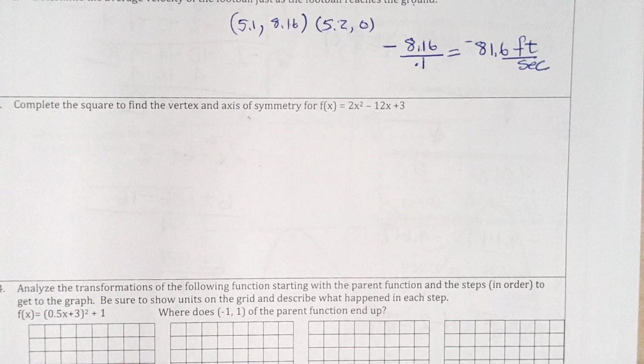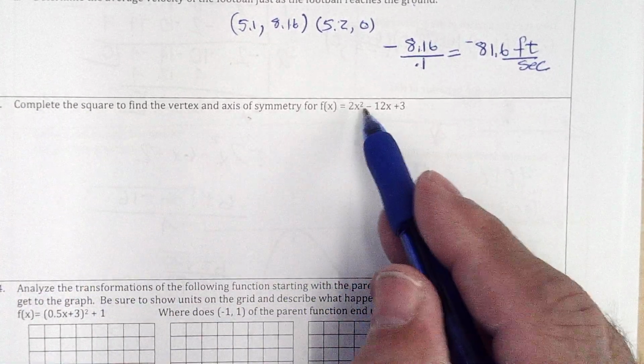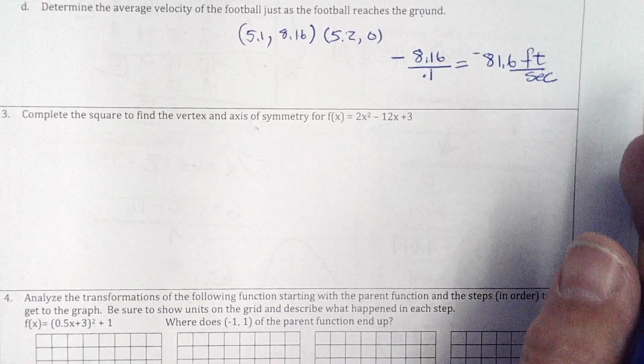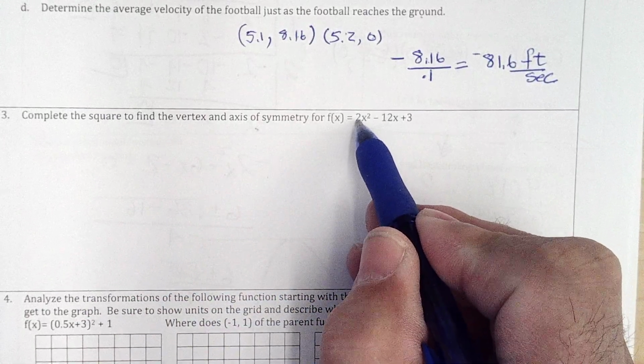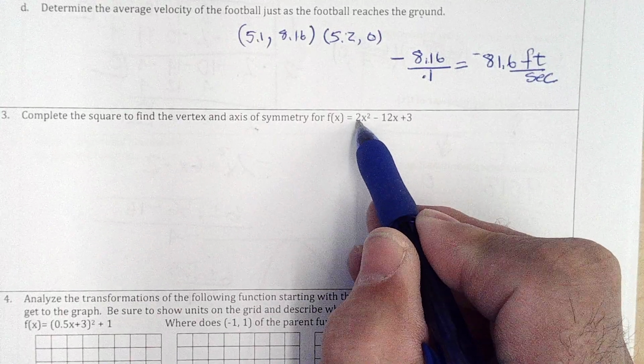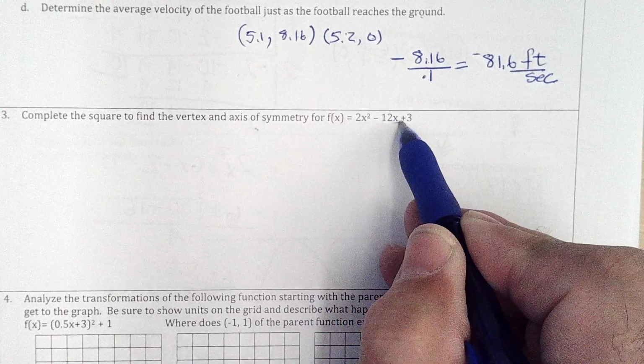All right, shifting gears completely, complete the square. Now, when we complete the square, we pull the leading coefficient, we factor it out of all the terms with the variable.